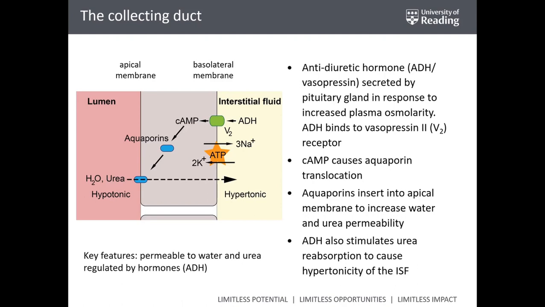And if water will follow, it will be reabsorbed into the interstitial fluid and leave the urine more concentrated. But I don't want to spoil too much because it's a complex process, and I will go into more detail at a later stage.